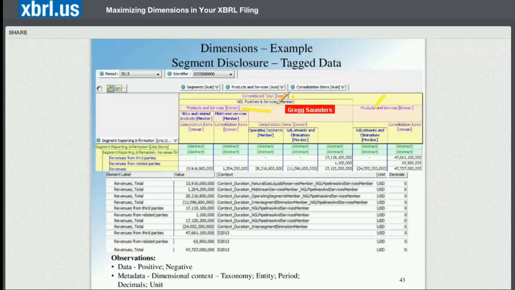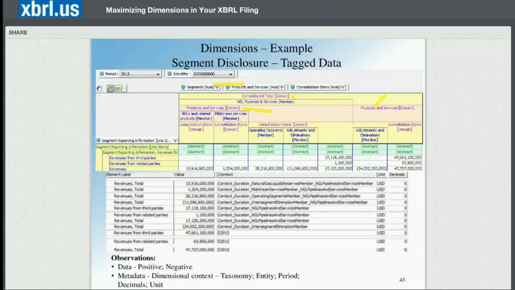I'm sorry, I got that wrong. I'm looking for the segment, and I'm having trouble seeing it because my eyes are just getting old. But here's our segment axis and the segment domain. Now you can see the values that you see below tie back to the financial statement. Now notice that the 15916 is being qualified by the NGL segment member.